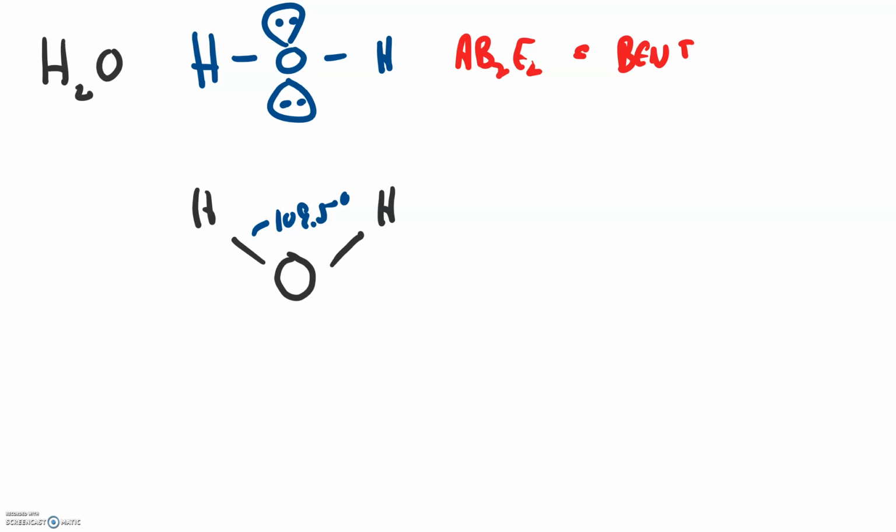What does this mean in terms of the distribution of charge? We also know that the hydrogens each have an electronegativity of 2.1, and oxygen has an electronegativity of 3.5. That's clearly a polar covalent bond.